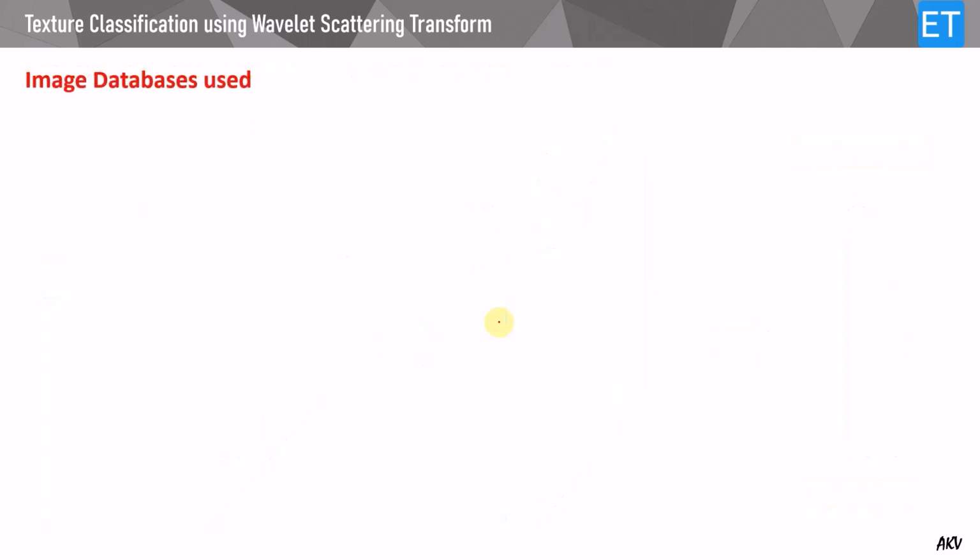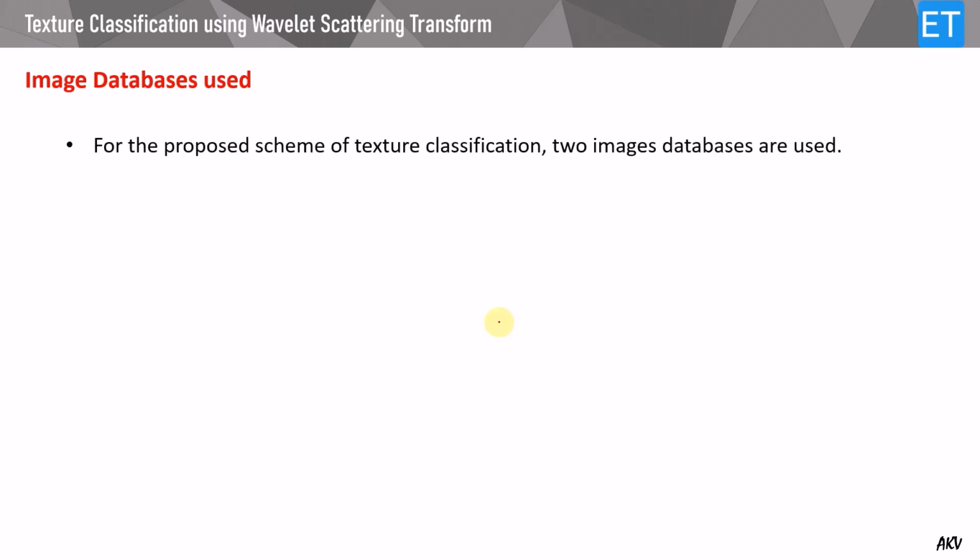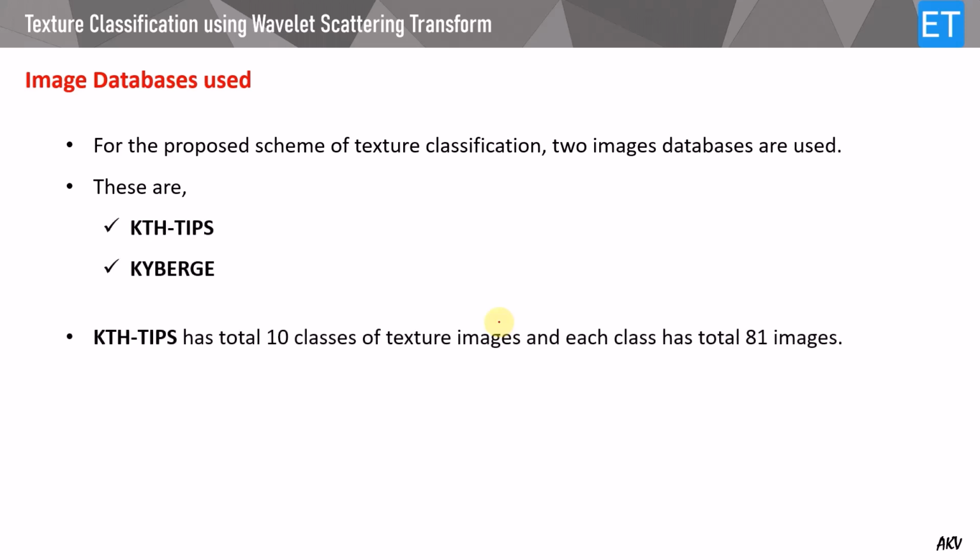Okay. So now let's see the image databases which I have used in this proposed scheme. For the proposed scheme for texture classification, I have used 2 databases. They are KTH tips and the KYBERGE. The KTH tips has a total of 10 classes of texture images, and each class has a total of 81 images.